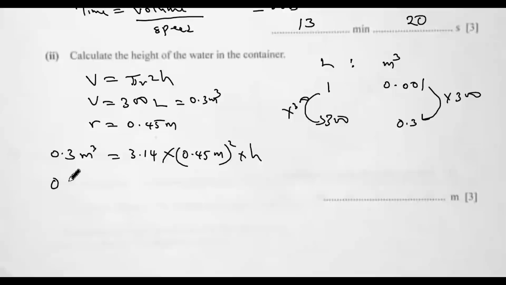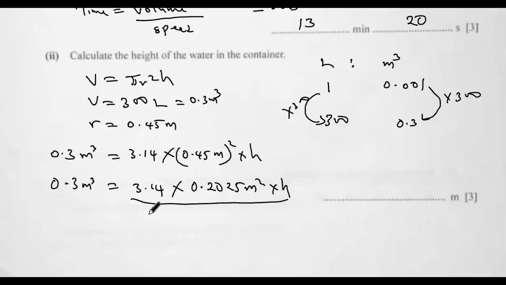If you do 0.45 meter squared, that will give us 0.2025 meter squared times h. So now we need to divide both sides by 3.14 times 0.2025 meter squared.